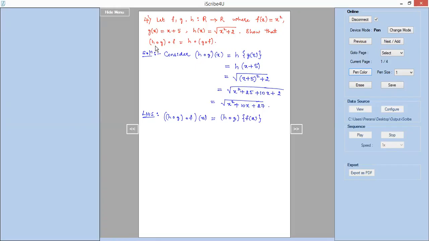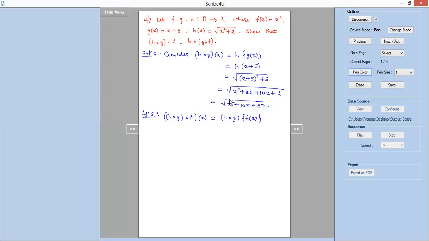There was a bracket in the LHS for h composition g, so first we considered h composition g on the element x, and we obtained this. Now the entire LHS part we are considering, that is h composition g composition f of x, which can be written as h composition g of f of x. So we will apply h composition g on the element f of x.